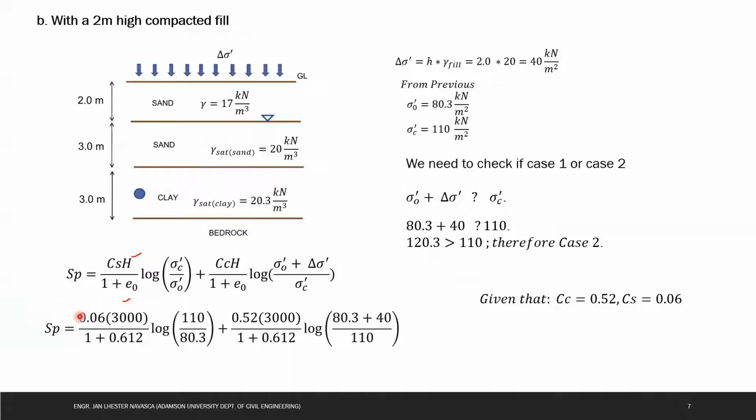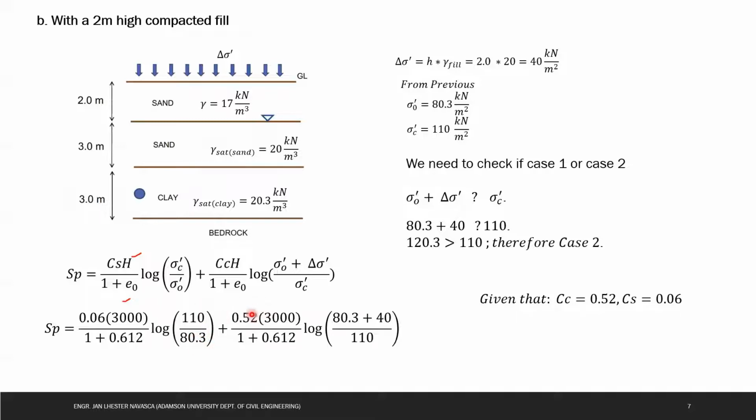So Cs is 0.06. The thickness of the clay is 3 meters over 1 plus 0.612, the in situ void ratio, multiplied by the logarithm of the pre-consolidation pressure over the overburden stress, or the effective stress, that is 80.3.